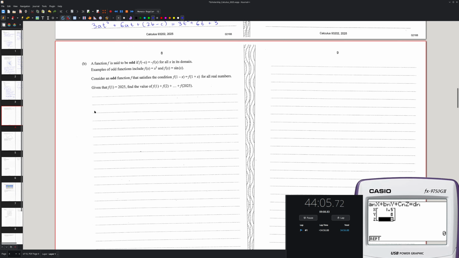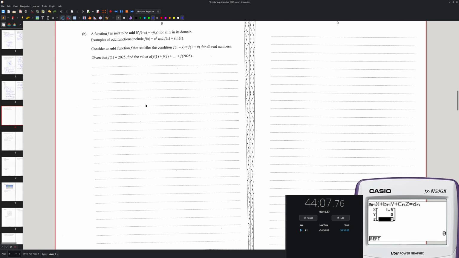Wait, yo, if f of 1 minus x is equal to f of 1 plus x, okay, so let p of x be the assertion that f of 1 minus x is equal to f of 1 plus x.